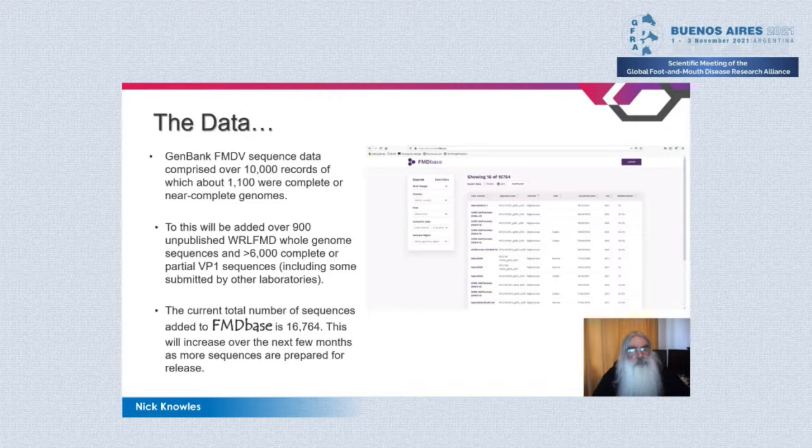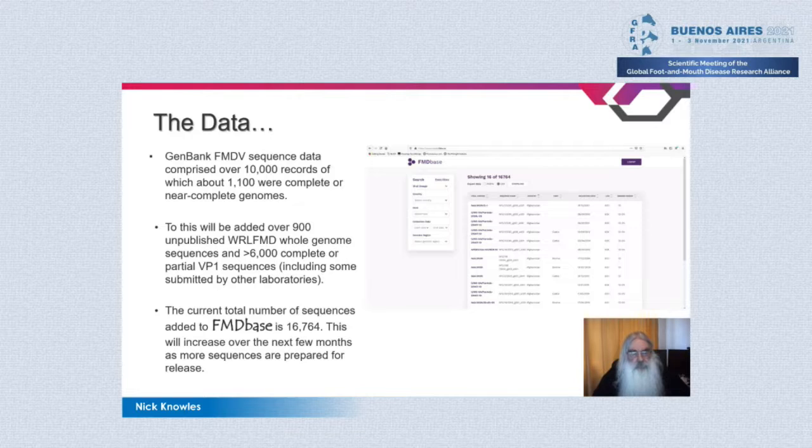The data initially consists of GenBank data of over 10,000 records, of which just over 1,000 were complete or near complete genomes. And this will be added to by over 900 unpublished whole genome sequences and over 6,000 complete or partial VP1 sequences, including some submitted by other laboratories.